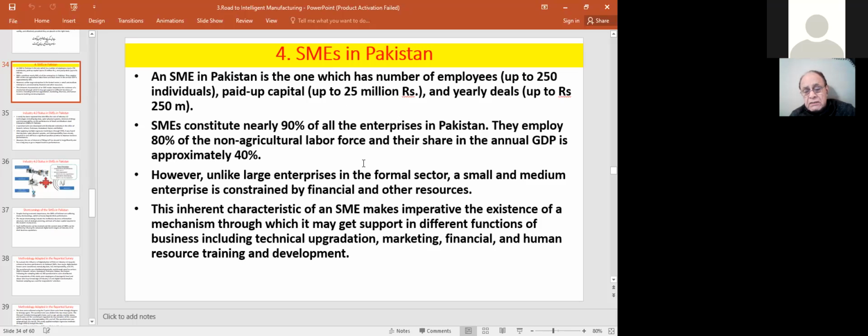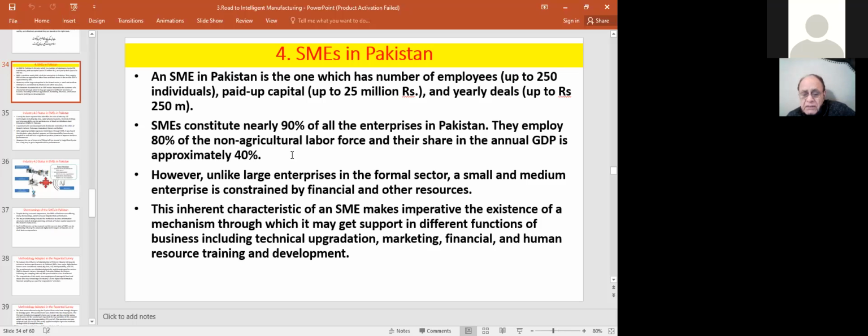That is the place where about 80% of our non-agricultural labor force is employed, and where the share in the annual GDP is approximately 40%. So it is a very important sector.